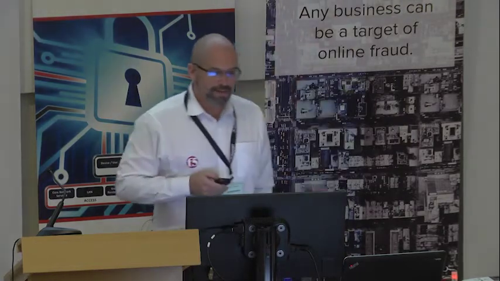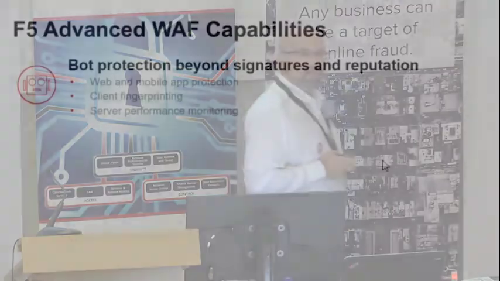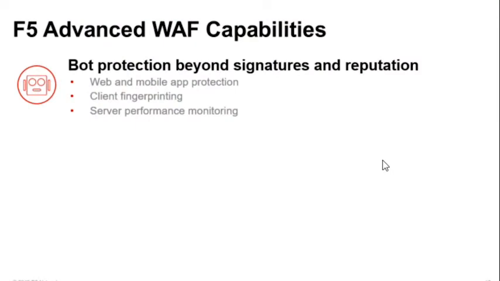We, as in the appliance, can now detect whether it's a human or bot and go one step further and start analyzing and seeing whether it's actually a legitimate bot or whether it's being impersonated. So is it actually a Google bot that's busy scraping my web, or is it an impersonating bot? We can also do what we call client fingerprinting. It's not just about looking at the IP address that a device connects on these days.